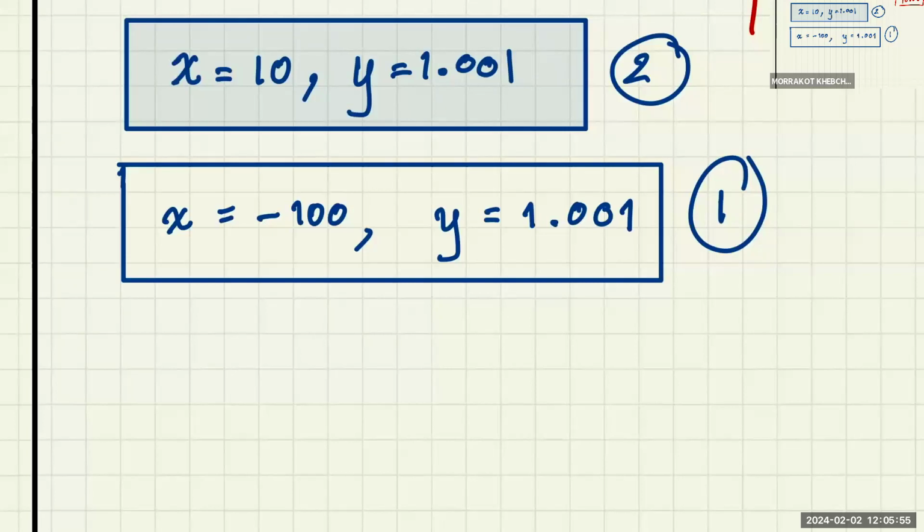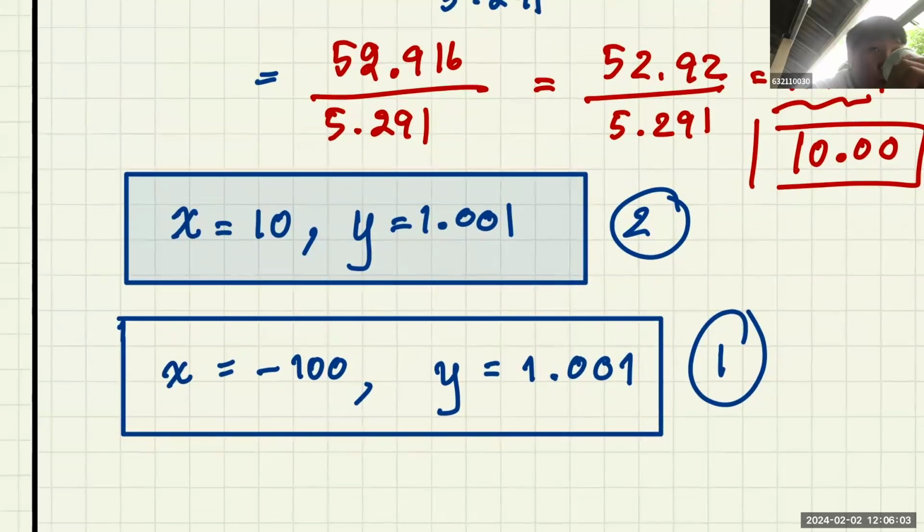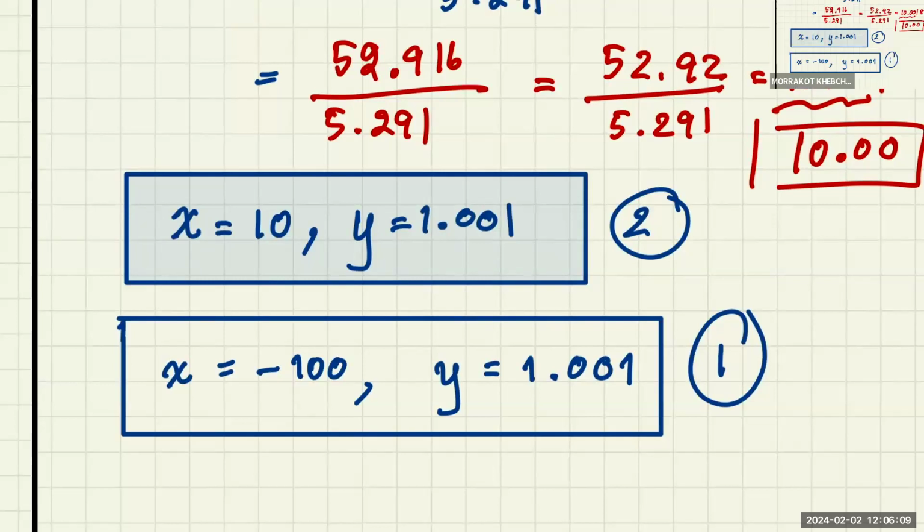And someone says, okay, I choose number 2. Actually, number 2 is the correct one, okay? Why do you think that number 2 is the correct one?